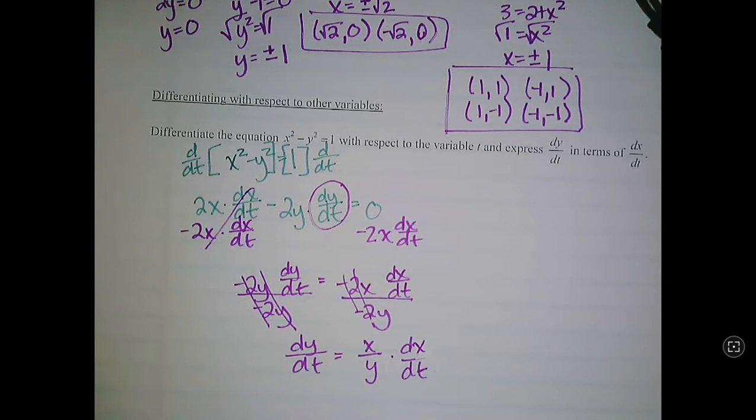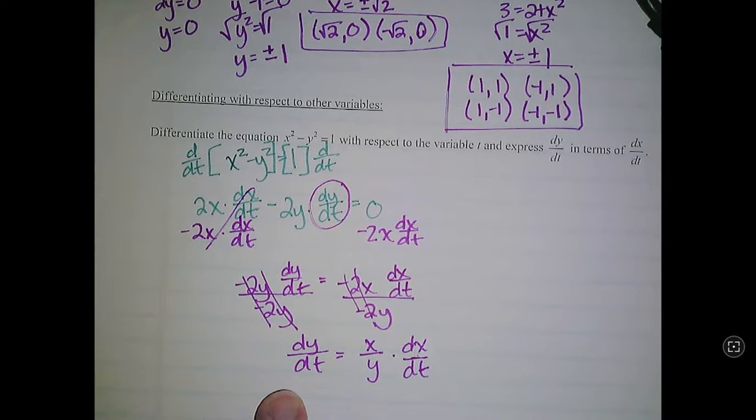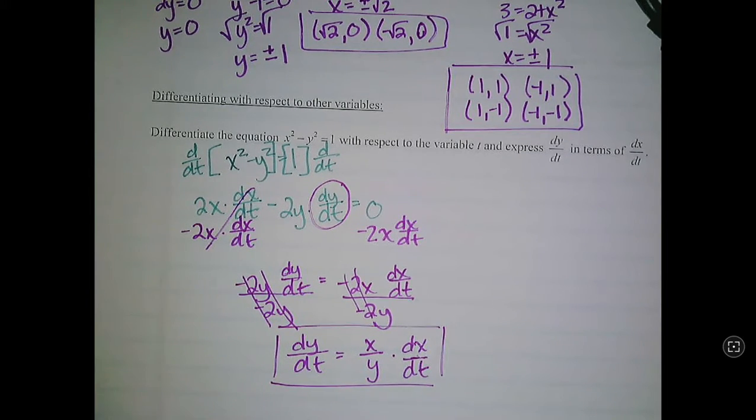I'd also need to know something about how x is changing with respect to t. So now it's dependent on those 3 things. What is x? What is y? But also, do we know anything about how x is changing with respect to t? And if we know that information, then we could actually discuss a little bit further how our y value is also changing with respect to t. For now, we'll leave it like this since we don't have any further information.